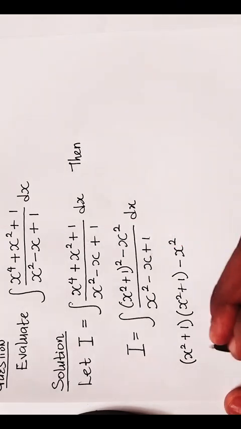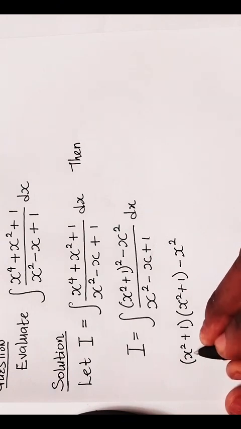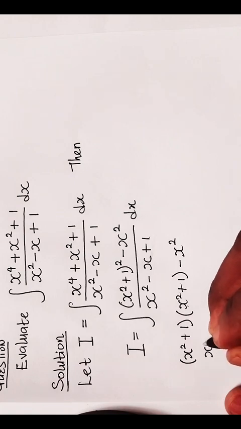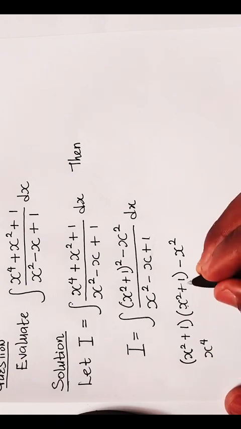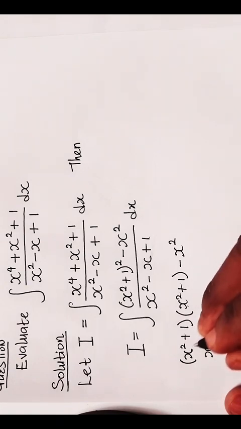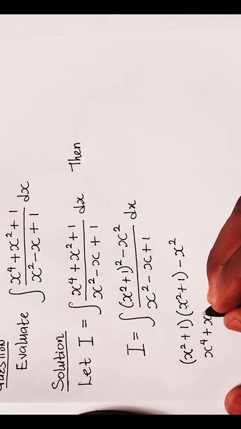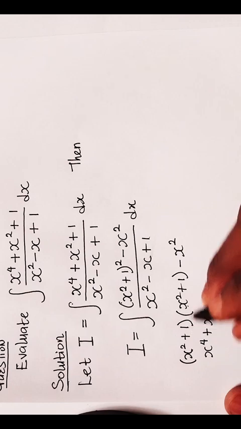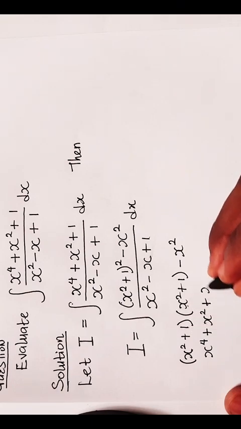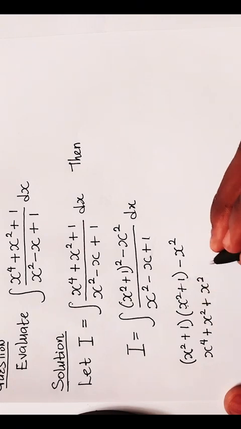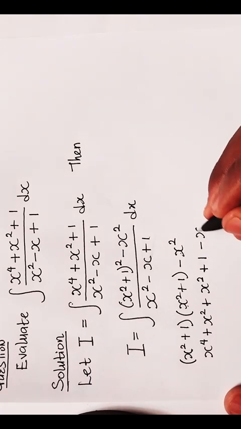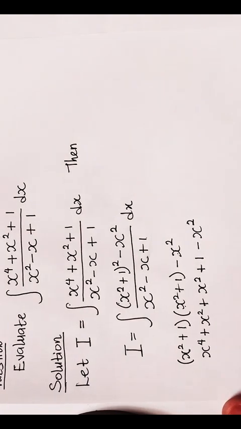We expand: this multiplied by this gives x^4; this multiplied by this plus x^2; this multiplied by this plus x^2; and this multiplied by this gives plus 1 minus x^2.